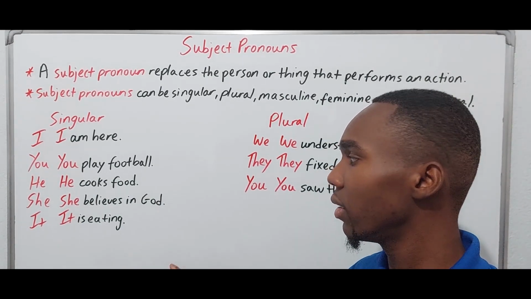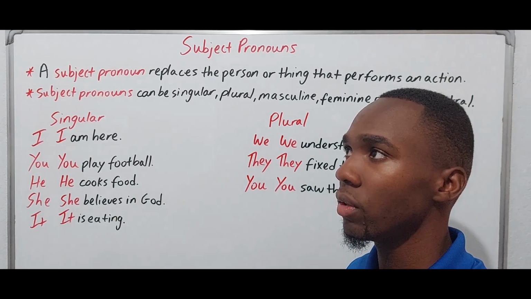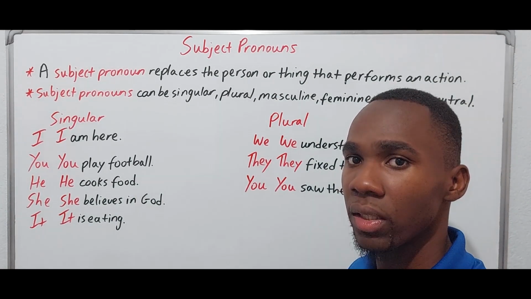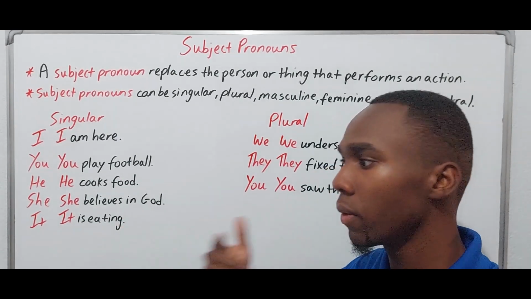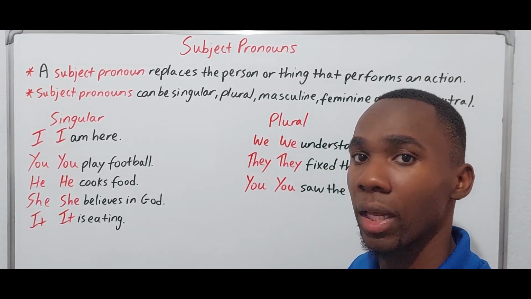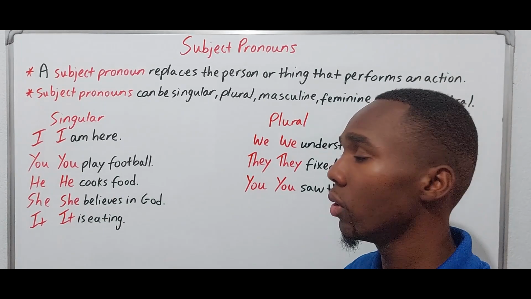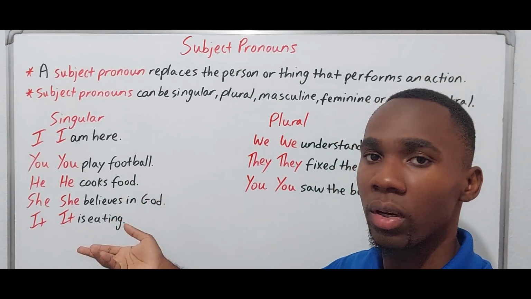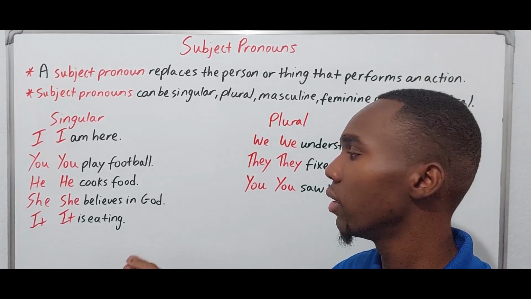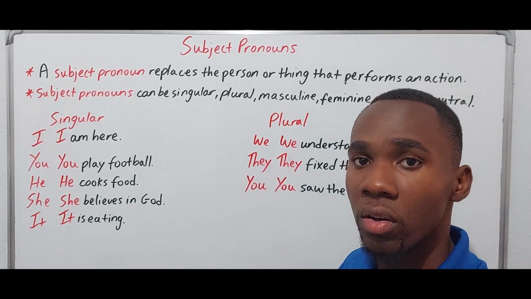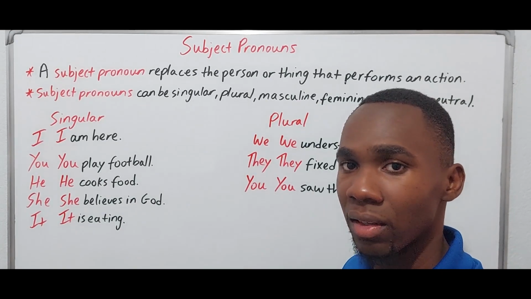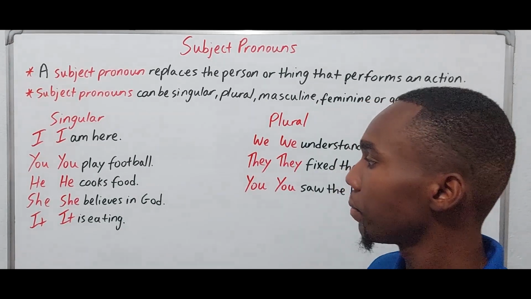So it is eaten, or it could also refer to things, right? But obviously this is talking about action, and a thing cannot perform an action. So in this case, we are talking about animals, really, right? So it could have replaced the dog, the cat, the rabbit, what have you, right?